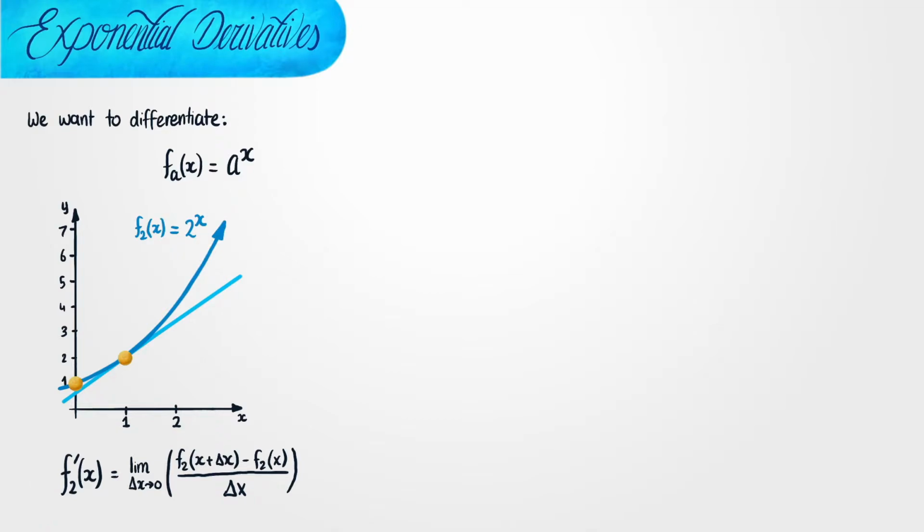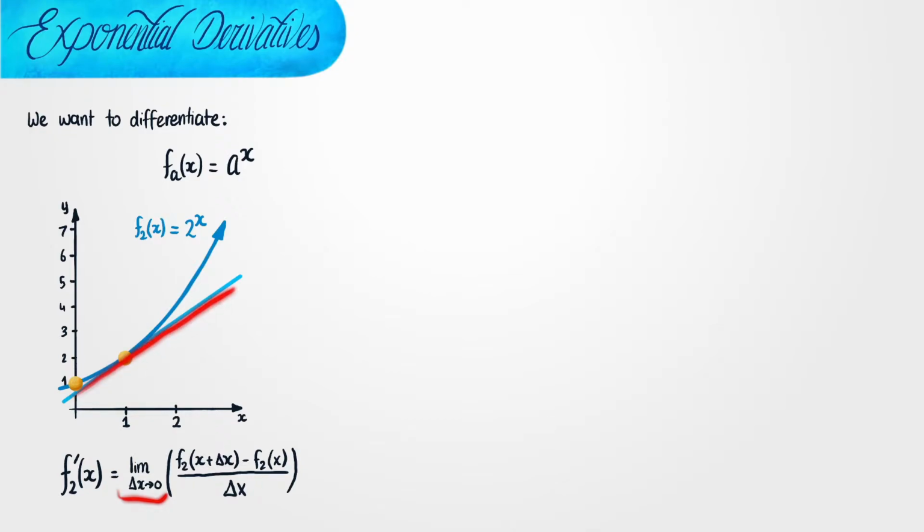Remember, the whole idea of this limit is that we're going to take a small step in x, which we call change in x, and then we're going to try to find the corresponding change in y. This numerator over here is the change in y, and the denominator is the change in x. So change in y on change in x gives us the gradient. And then we want to take the limit as change in x approaches 0, so that we can get as close as possible to the true tangent line.